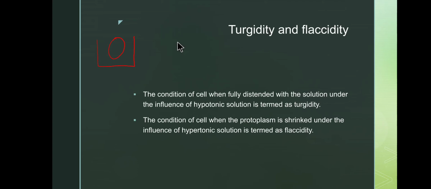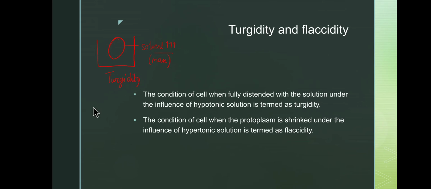What do we understand by turgidity and flaccidity? Turgidity: when the cell regains its original position, that means it is fully filled with the solvent. Okay, the solvent is present in the maximum amount. This condition of the cell is called turgidity.